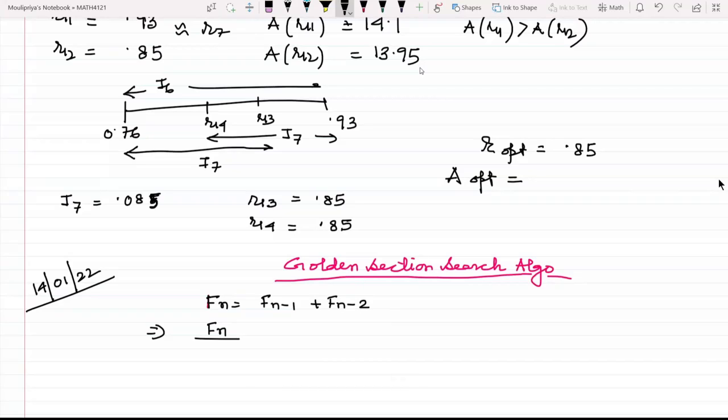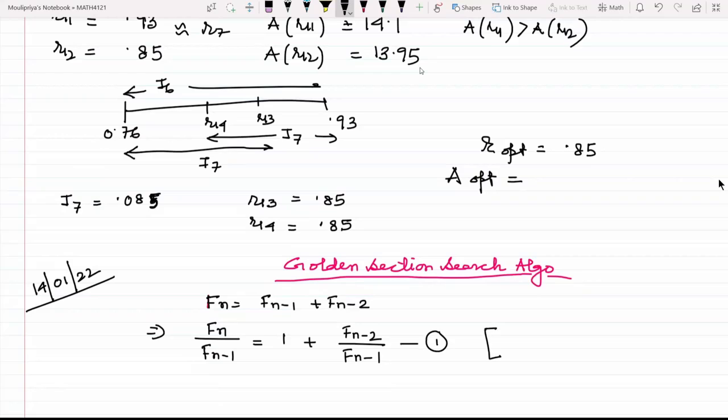Okay. So we have Fn by Fn minus 1 equal to 1 plus Fn minus 2 by Fn minus 1. We divided the left hand side and right hand side both by Fn minus 1.